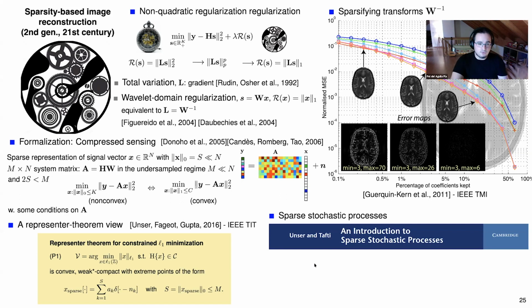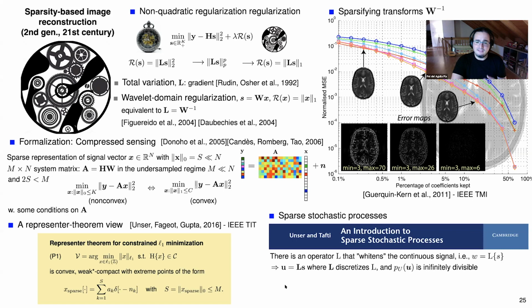So another view, parallel to that of Wiener and Tikhonov in classical reconstruction methods, the corresponding statistical view for these sparsity-based reconstruction methods is that of sparse stochastic processes. In sparse stochastic processes, we assume that there is an operator L that whitens our continuous signal. Then we discretize the problem and we say, okay, that is equivalent to saying that U, a transformed version of the signal, equals LS, with L a discretization of the whitening operator, and the distribution of U is infinitely divisible.